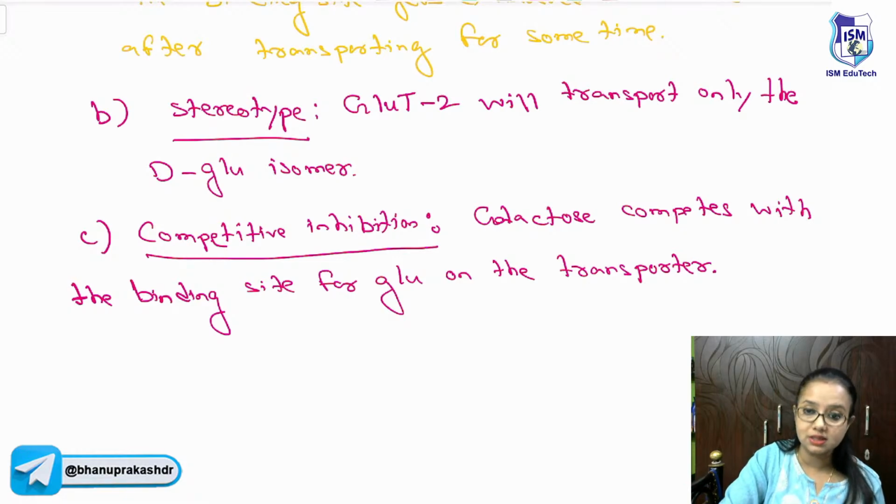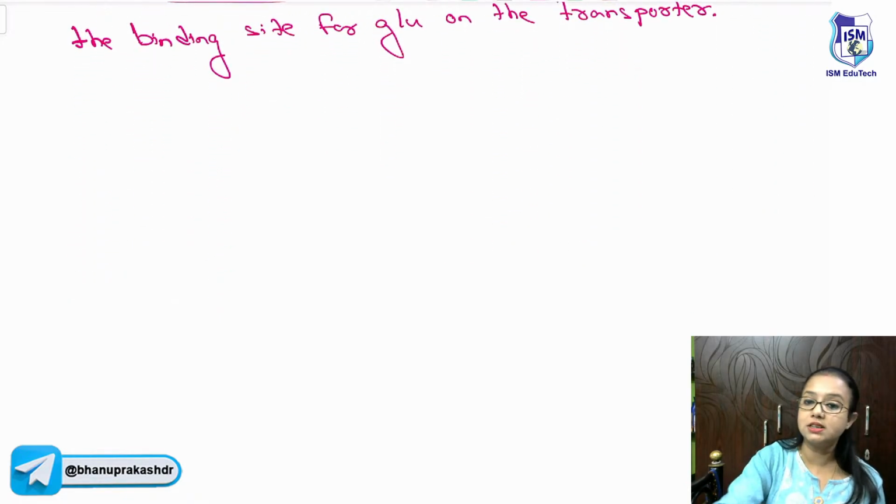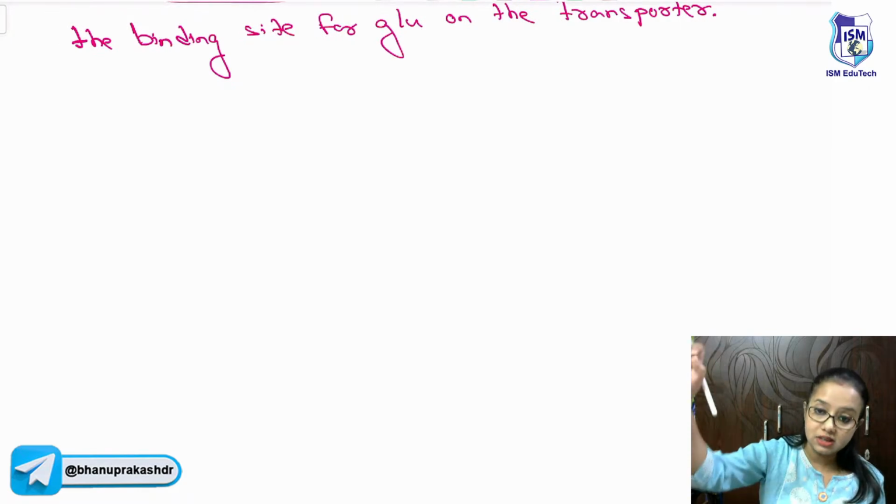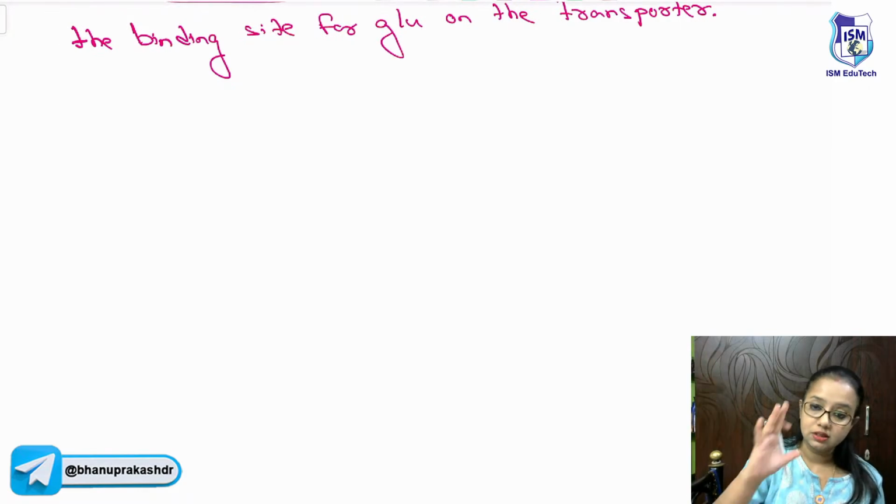These three factors are the reason why facilitated diffusion cannot go on or have a linear graph like that of simple diffusion. This is diffusion with an example.